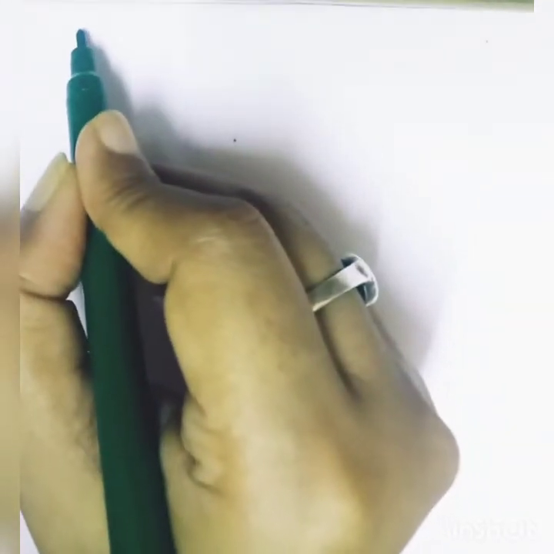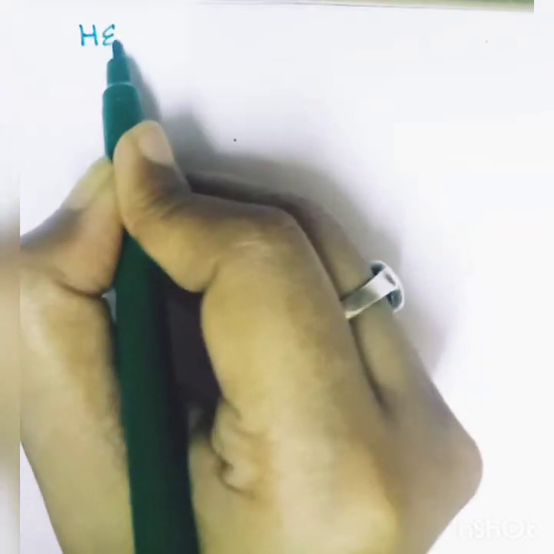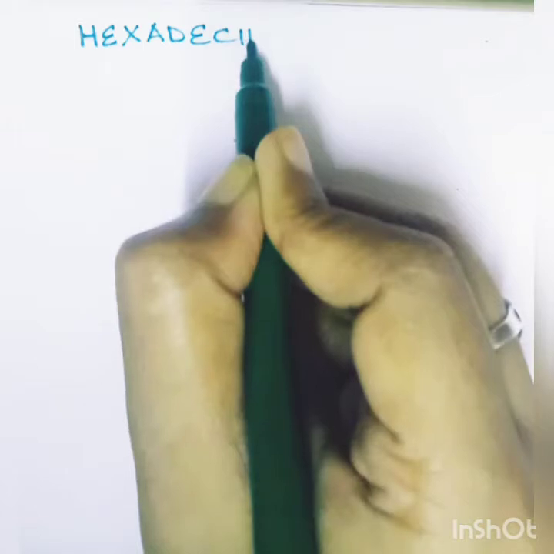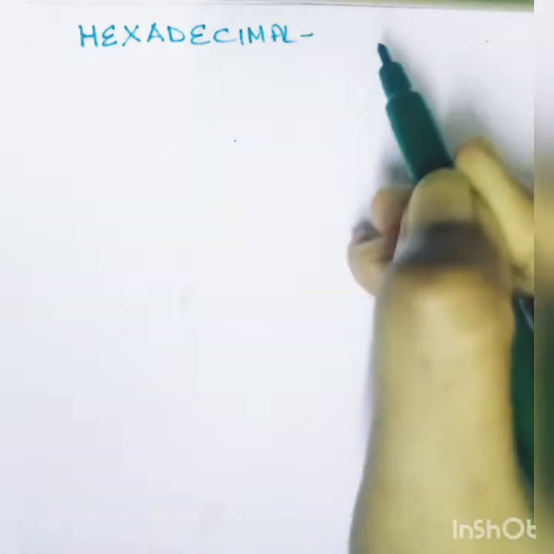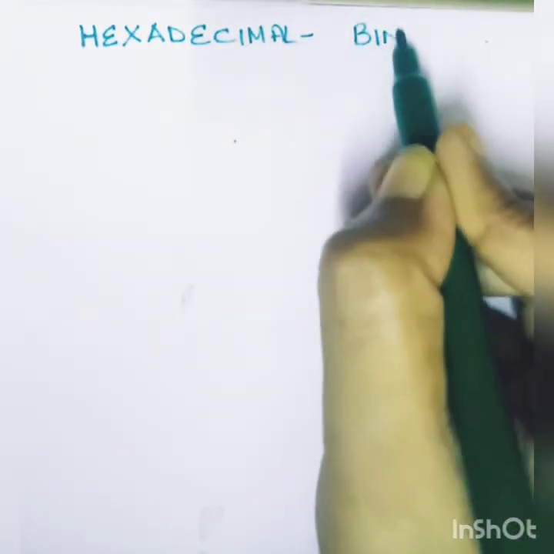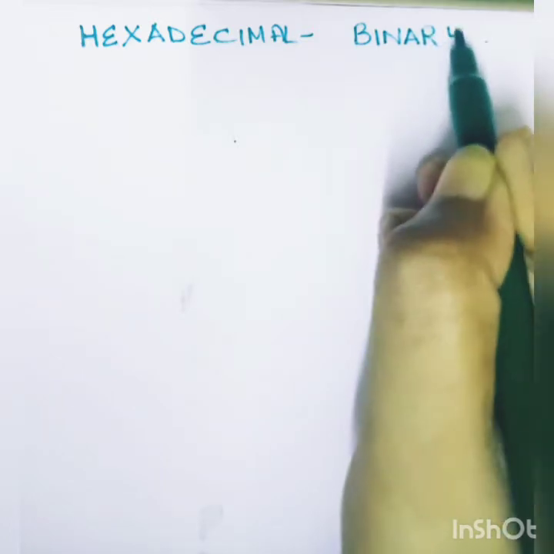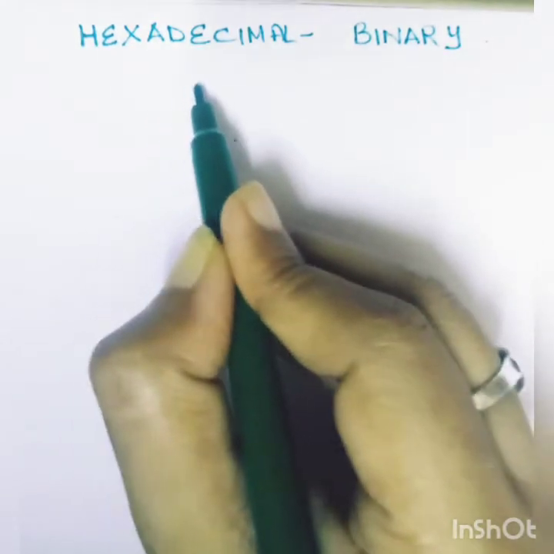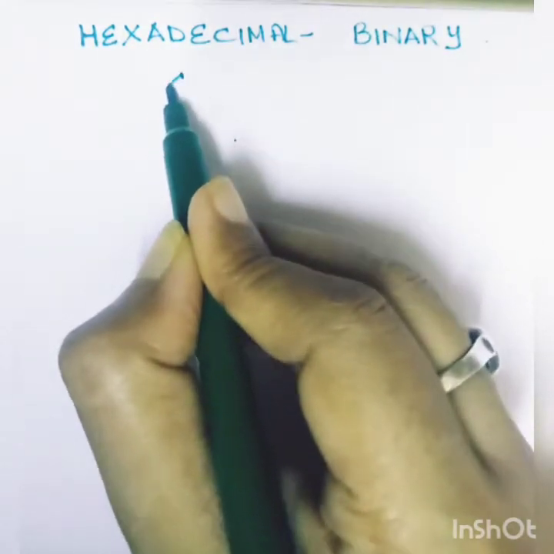Okay, now let us convert hexadecimal to binary. Let us do this. So let us take any hexadecimal number. Say we take 6A.